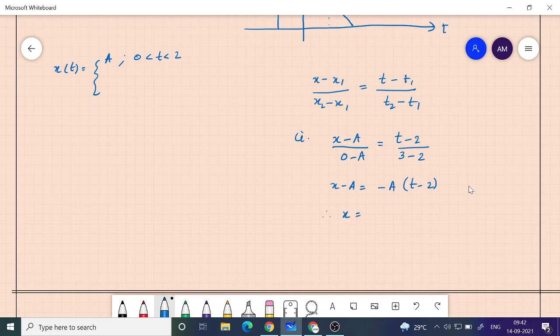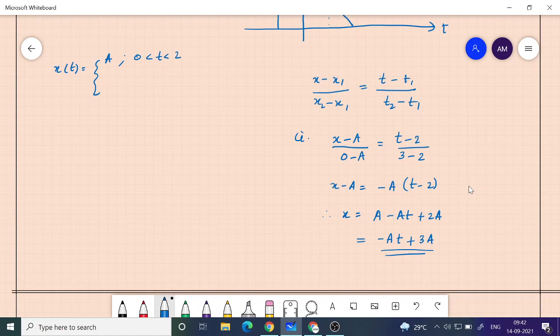Therefore x is equal to a plus 2a minus a t, which is basically 3a minus a into t, so x = -a t + 3a.